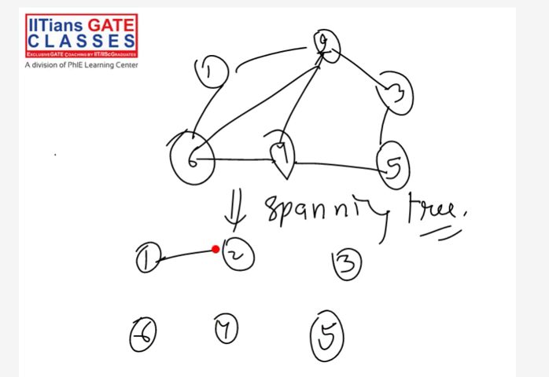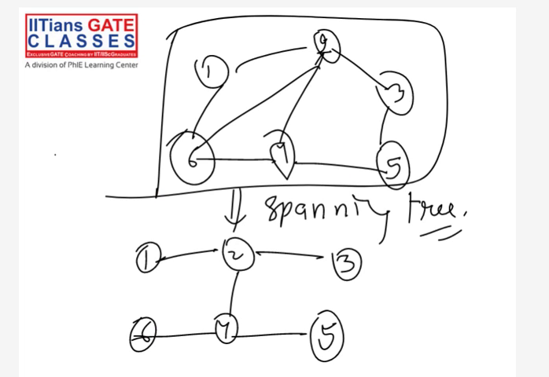So something like this, and let's say this, and then this, and then this. This is one of the spanning trees, okay? So those n minus 1 edges are to be taken from the edges of the original graph, okay? That is why we are saying that this is a subgraph of the original graph. That means the edges which are present in the subgraph should, of course, be present in the original graph. Okay, so this is what is known as a spanning tree.